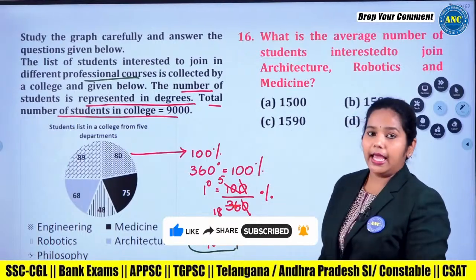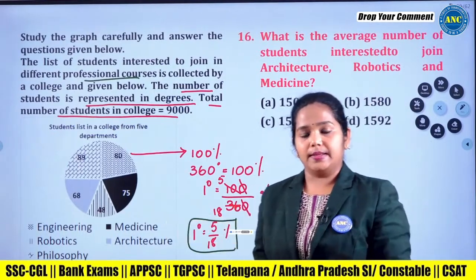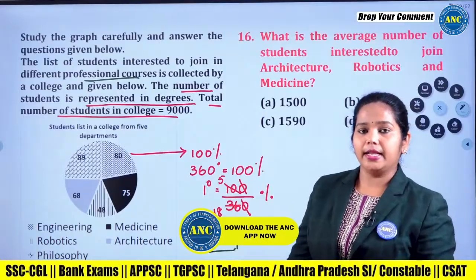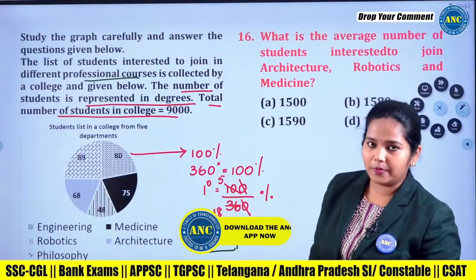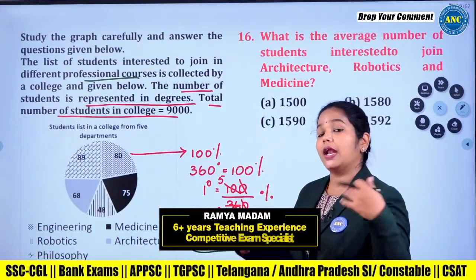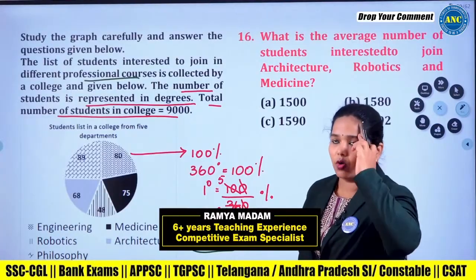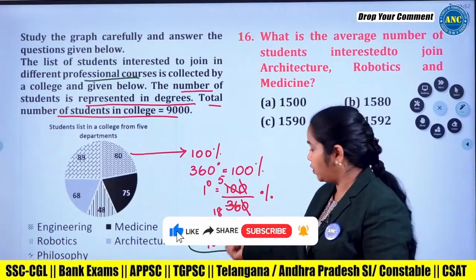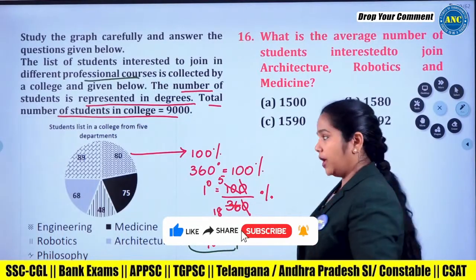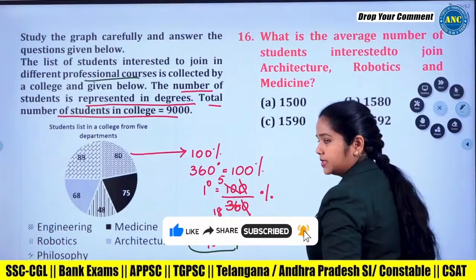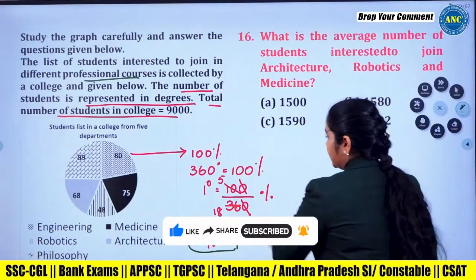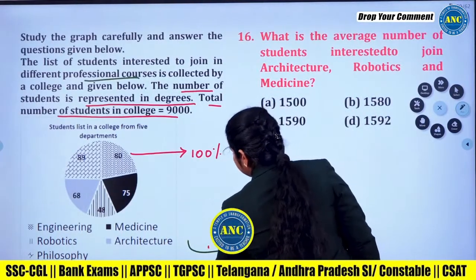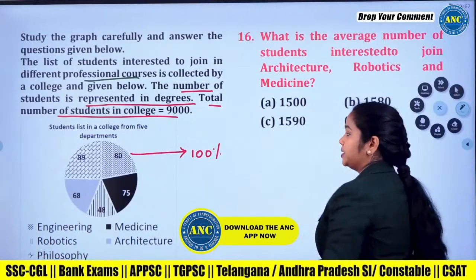I can simply tell you the 1 degree value is 5 by 18, just remember. But in case you are attempting your examination and you don't remember the 1 degree value, you can calculate it this way. Let me repeat this, because it is very important for solving the next questions.